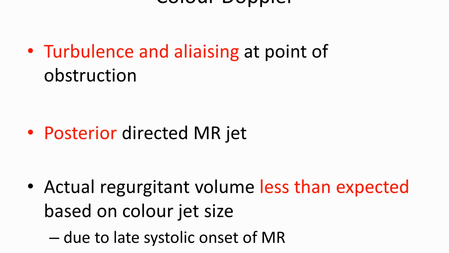So colour Doppler, we look for turbulence and aliasing at the point of obstruction. Sometimes you can see a nice hemispheric flow convergence zone just as you go around the septum.